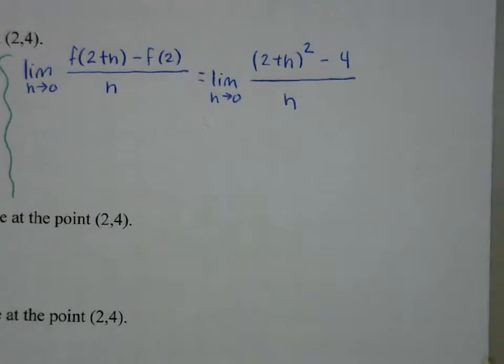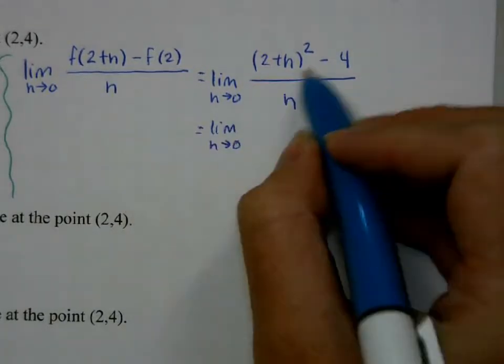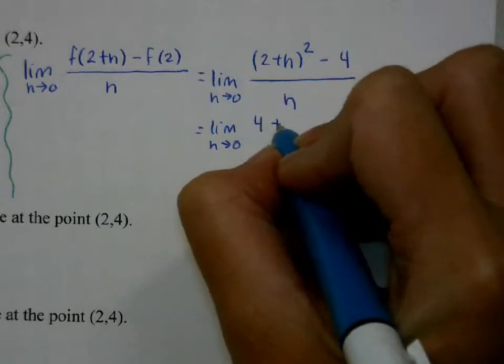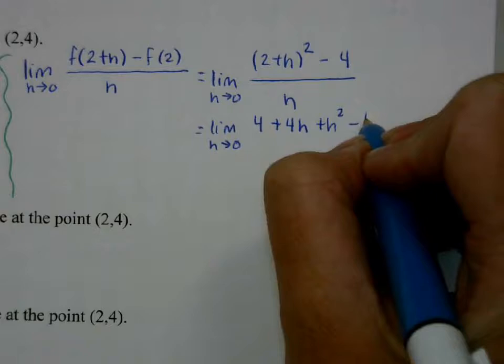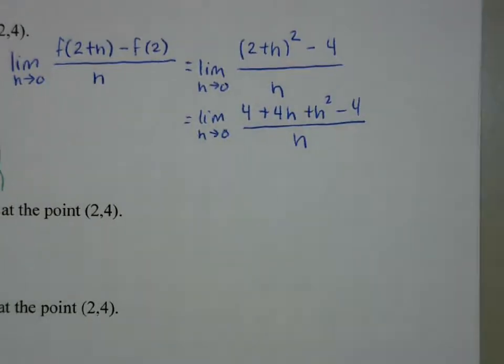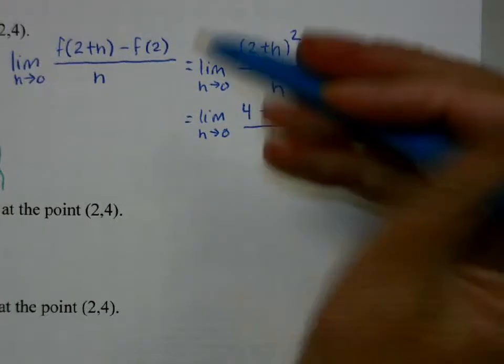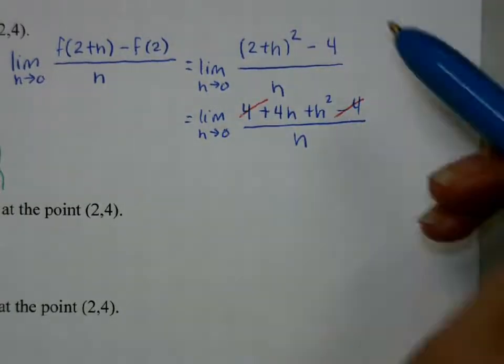Okay, so I'm going to expand that. So that's going to be 4 plus 4h plus h squared minus 4. Okay, well, the 4's are going to drop out of this. And what we're left with is things that have h's in them. So I'm going to divide that by h and that by h.